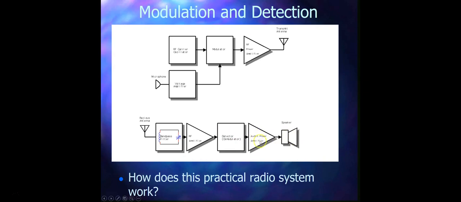Here the audio power amplifier and RF amplifier have the main purpose of increasing the magnitude of the signal, and then the main message, or the information, is sent through the speaker, and from here we can hear the actual information.